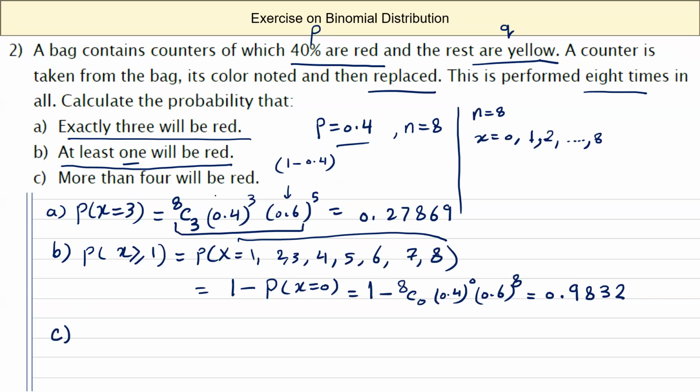More than 4 will be next. Probability of X more than 4. X more than 4 means probability of X to be 5, 6, 7, and 8. Okay? So you will calculate it like this: 8C5, only probability of 5 first, and then 6, and then 7, and then 8.